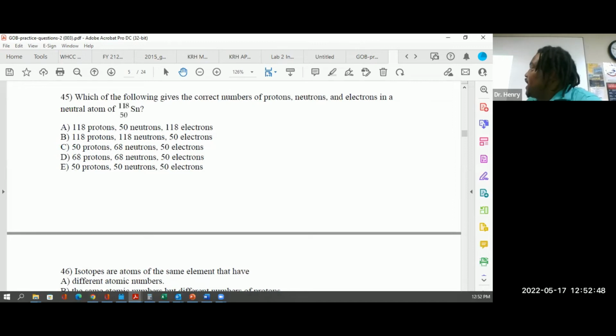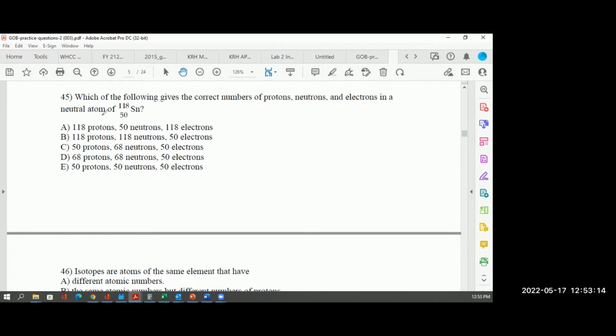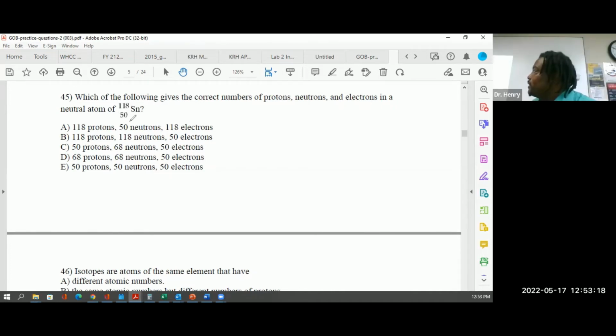Okay. Which of the following gives the correct number of protons, neutrons, and electrons? Okay, so how can I determine the number of protons? The atomic number, which would be the upper number or the lower number?